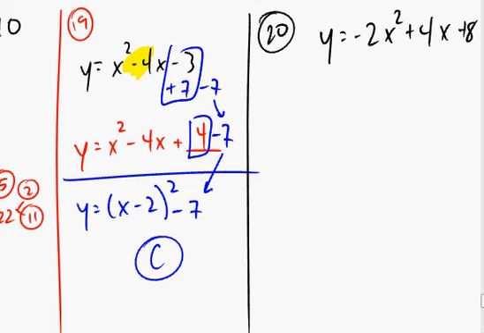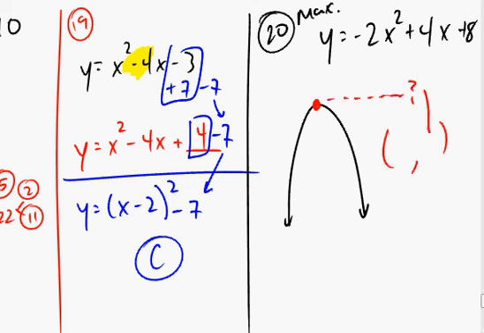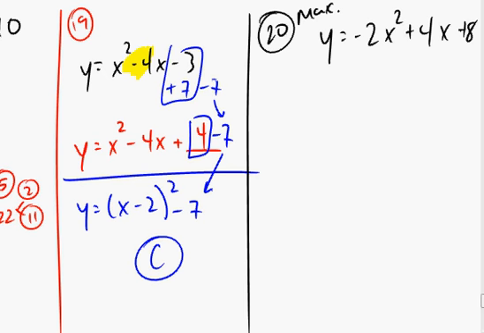Okay, this one says, what's the maximum, right? Maximum means this is an upside down parabola. It points down like this. The maximum is the highest point. It's the y value of the vertex. Right? That's the highest y value there is. So you have to find the vertex and then get the y value of the vertex. Negative b over 2a.